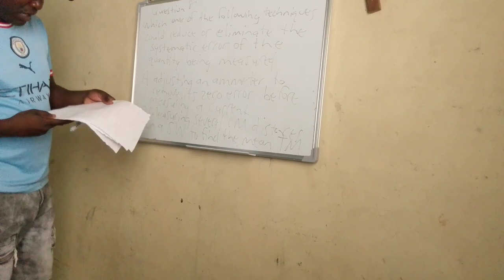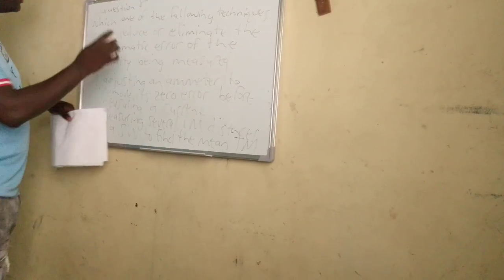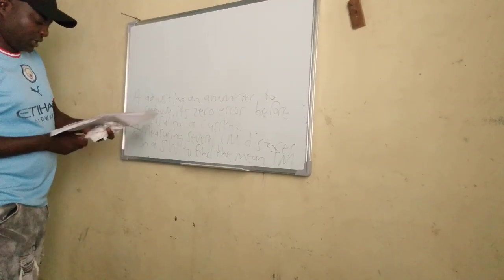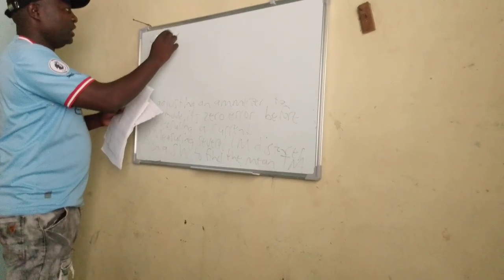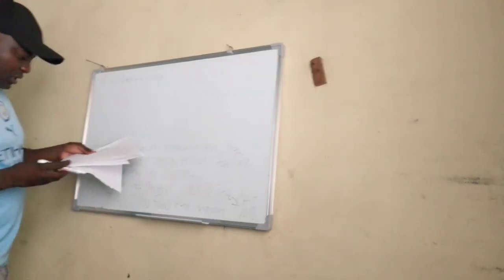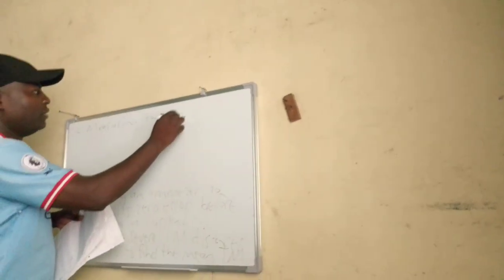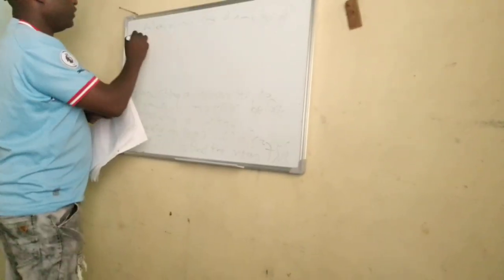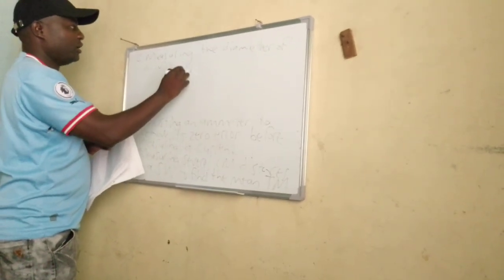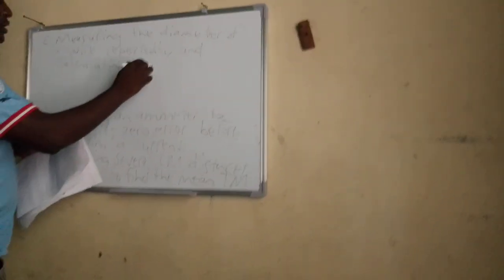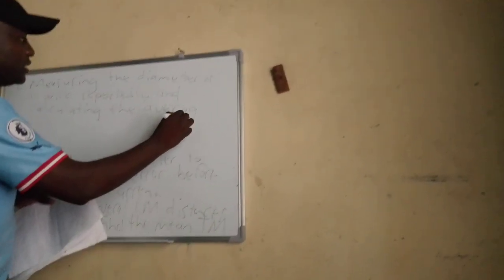C, measuring the diameter of a wire repeatedly and calculating the average.